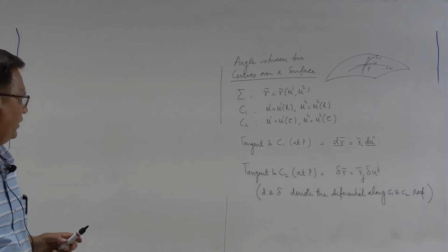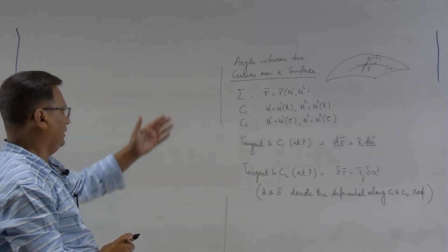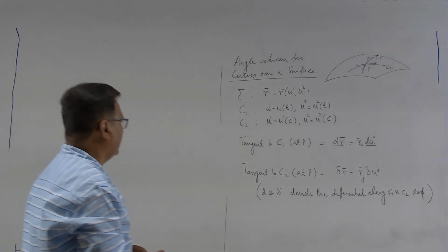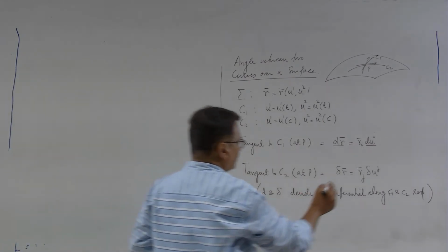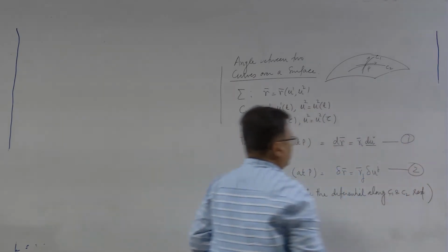Okay, now we are going to work out the formula for the angle between the tangent vectors. So, these are the two tangent vectors on C1 and C2.